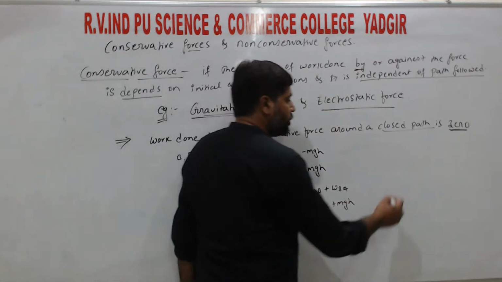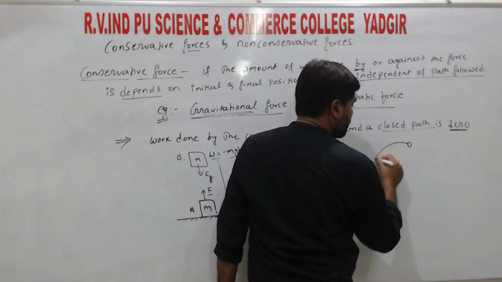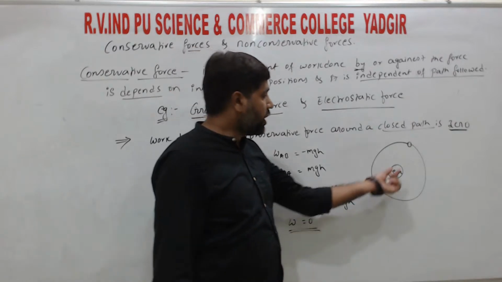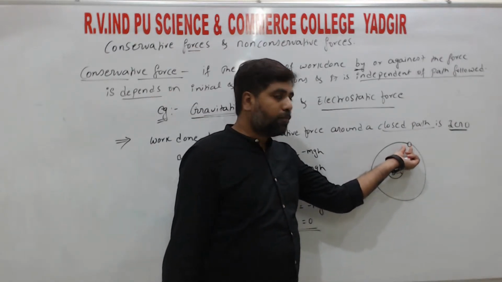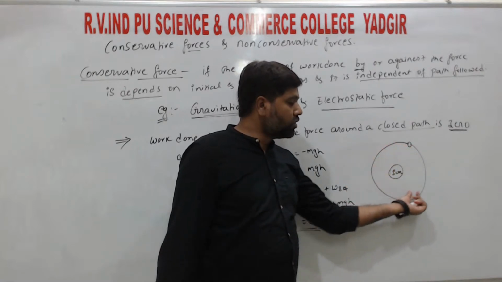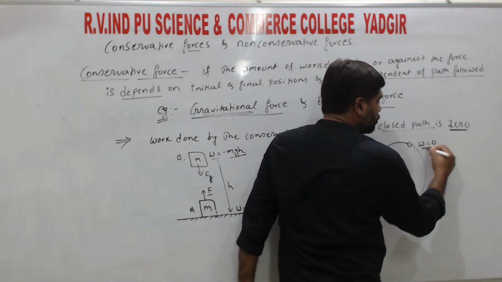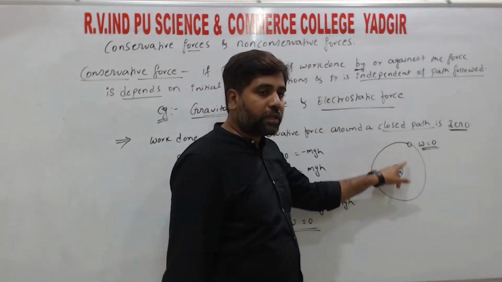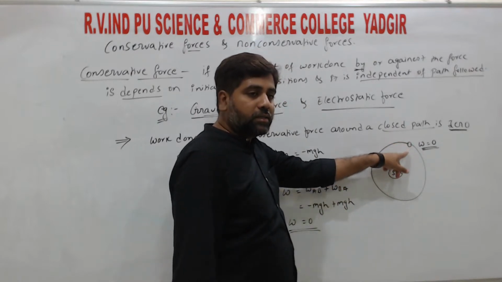Another example: a planet revolving around the sun. Here also the gravitational force is acting by the sun on the planet. The work done by the planet is always 0, because it follows a closed path. The initial position, after a certain time, it will reach the same point.